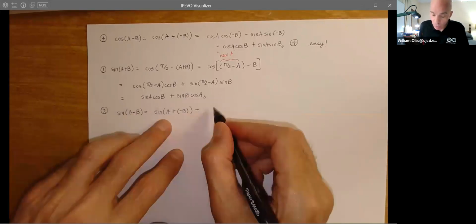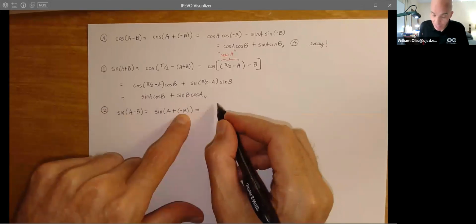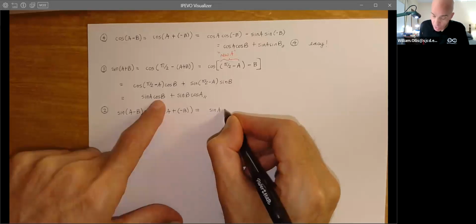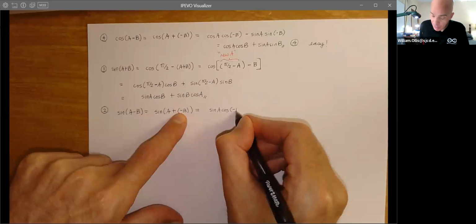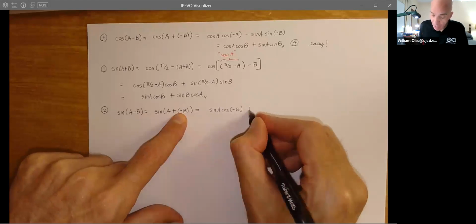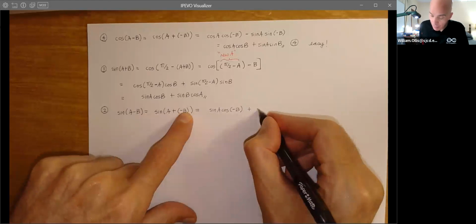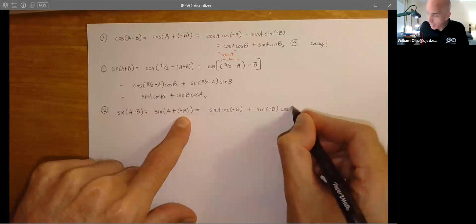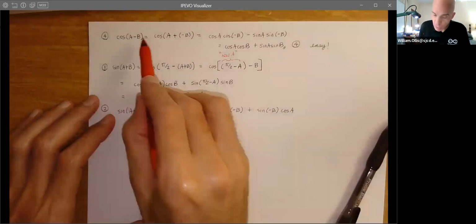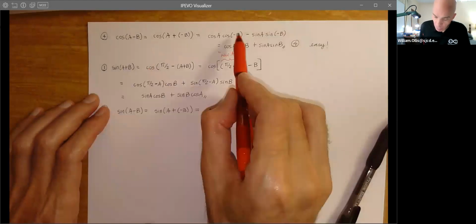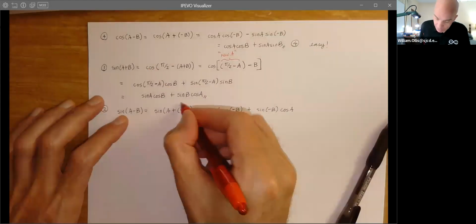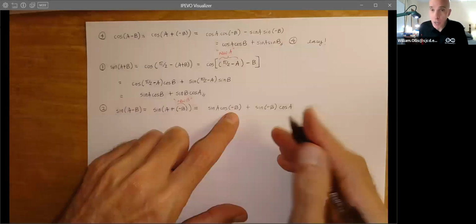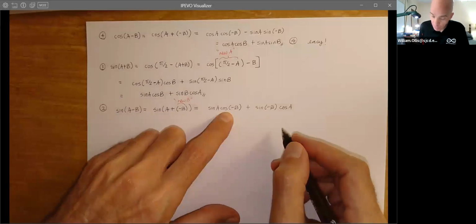So now, okay, well, we just use the fact that we have the new B here and apply this. So this will be sine of A cosine of negative B plus now the new B, sine of negative B cosine of A. So again, just like we had here, this was the new B. And now, of course, the cosine is even, so the negative absorbs.